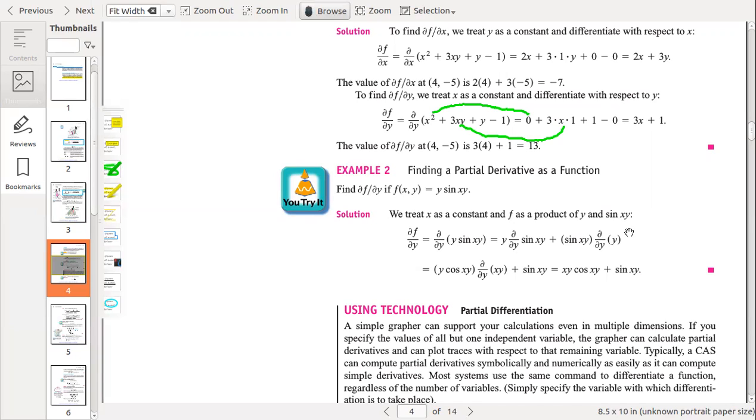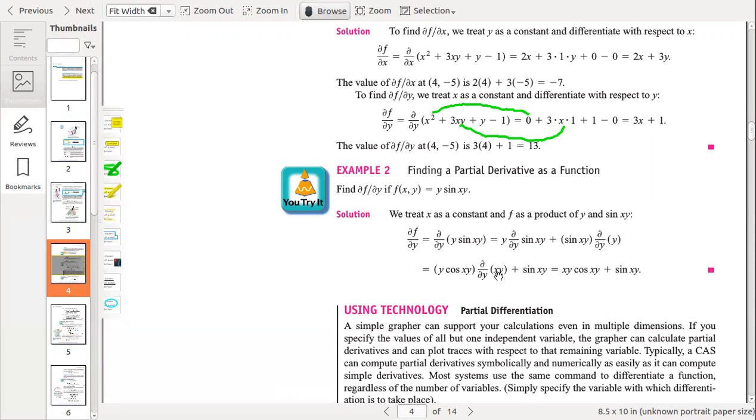And for the second term, because the partial derivative of y over y is 1, we will get sine xy. So y cos xy, and here partial over partial y, x is a constant, so we will get x as it is.